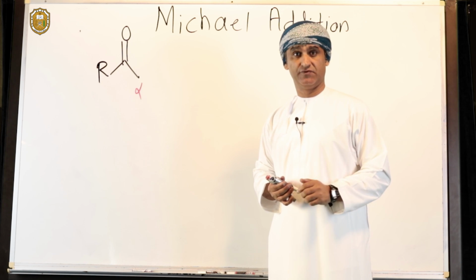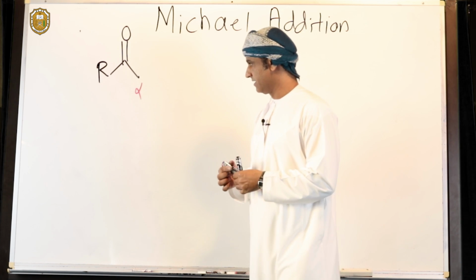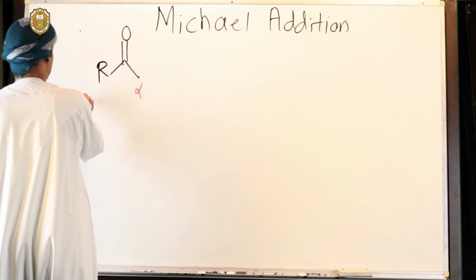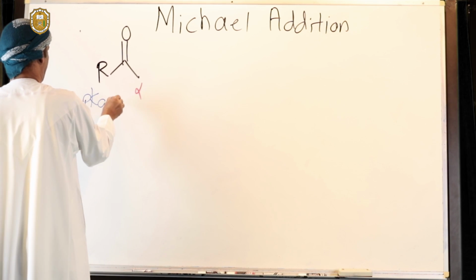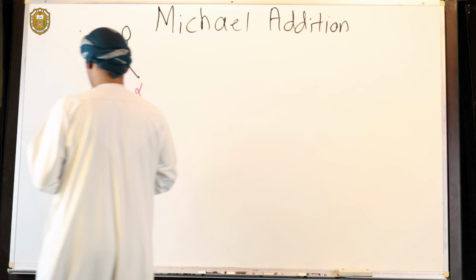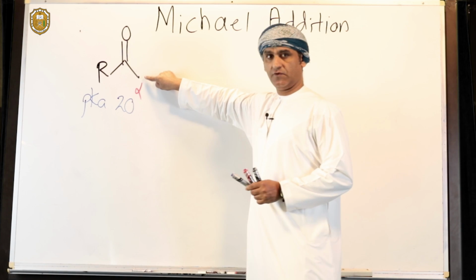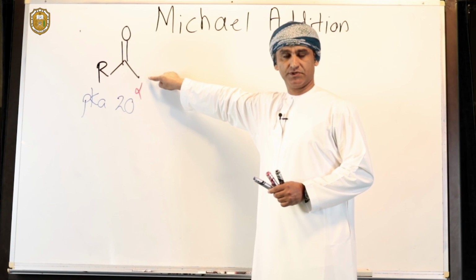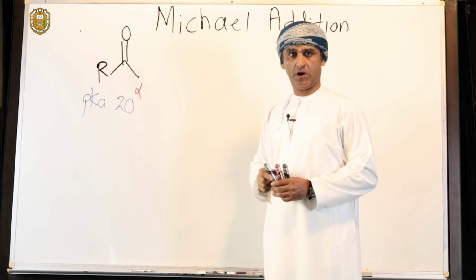The pKa is about 20 for hydrogens on this alpha position in this general structure of a ketone.